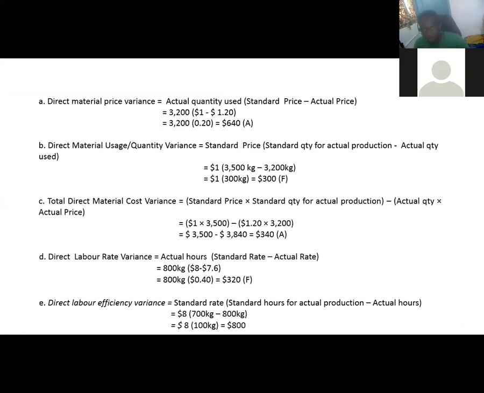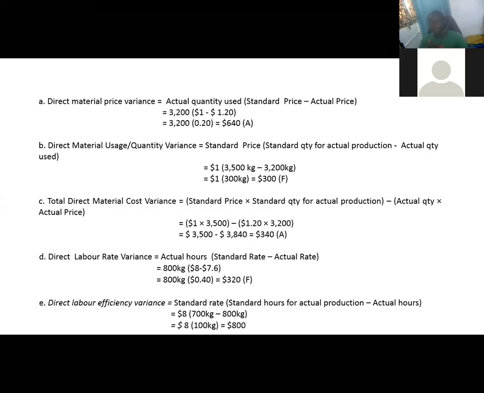So A, we are supposed to find our direct material price variance. And I believe by now you all know the formula. So I believe that wouldn't be much of a problem. So you're right. Direct material price variance equals to, then you quote the formula. It is very necessary that you quote the formula before anything else.